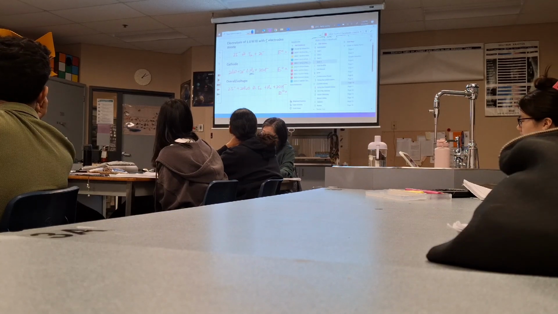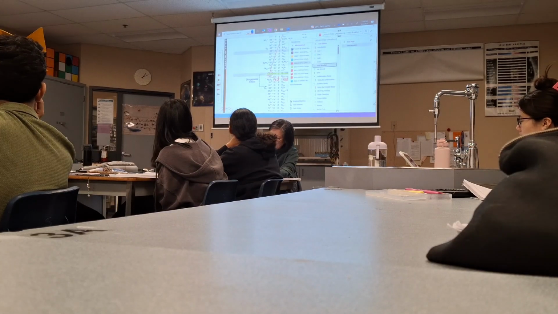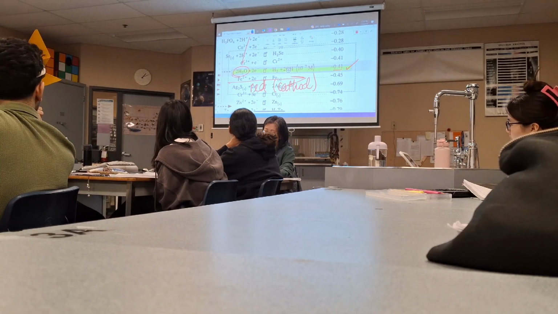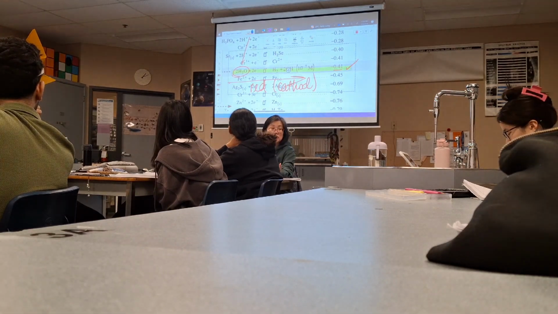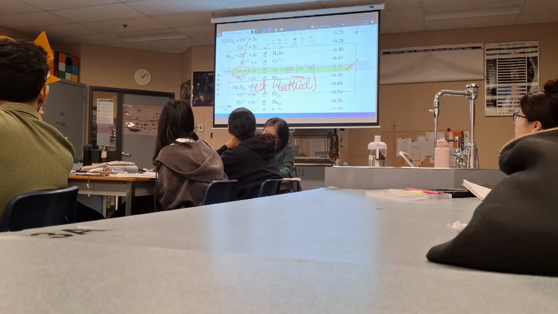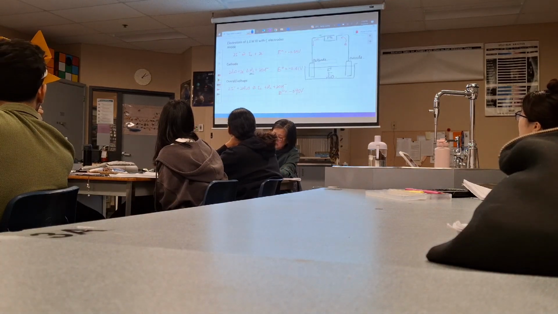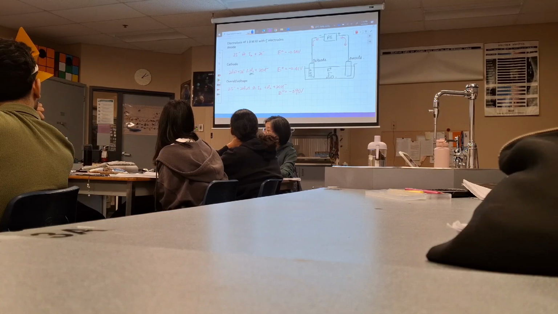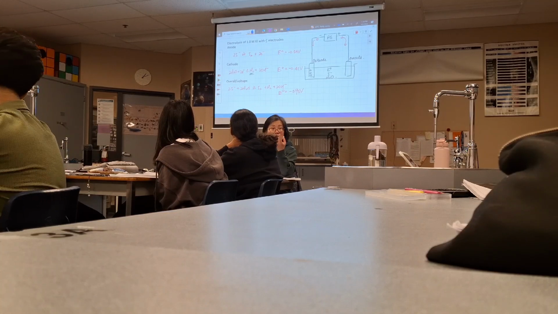If you go into your data booklet and look at the H₂ that is being formed, what do you know about the state of H₂? H₂ is a gas. So when you take a look at what's going on in the cathode, you should see bubbles forming.